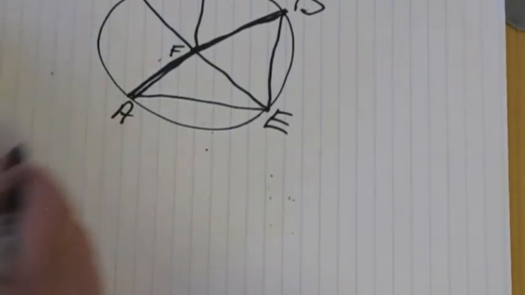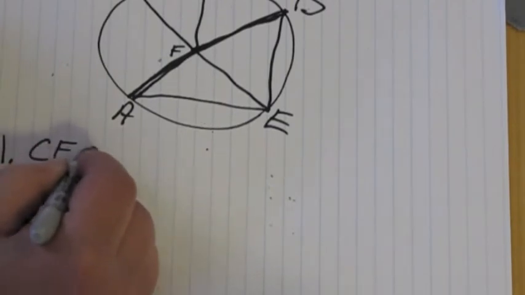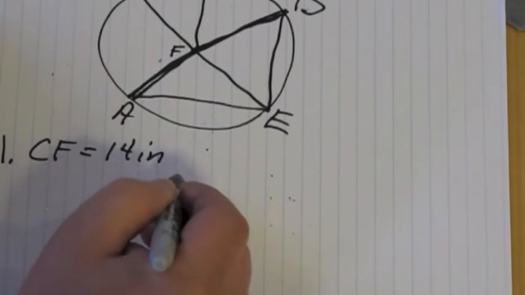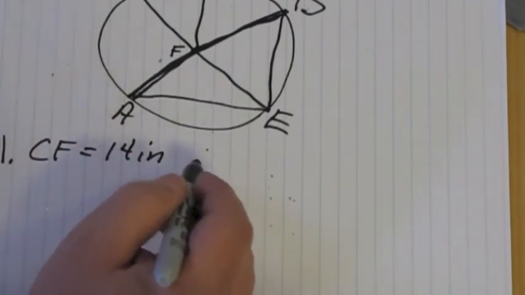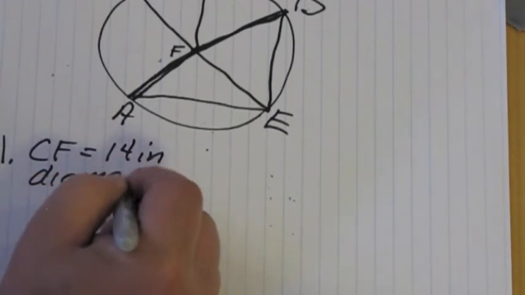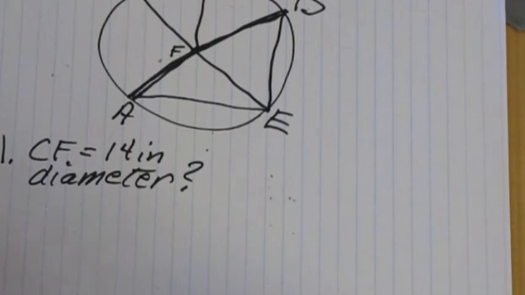Okay, first question. Number 1, CF equals 14 inches. How big is the diameter? So pause, think about it.